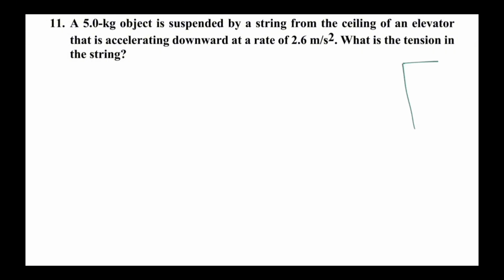Here's the elevator right here, and an object is hanged by a rope like this. Now let's draw the free body diagram. This is mg and this is the tension, and the elevator is moving downward, so the acceleration will be this way, like here.